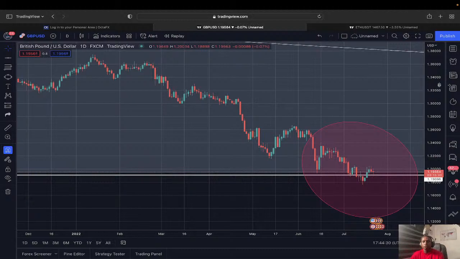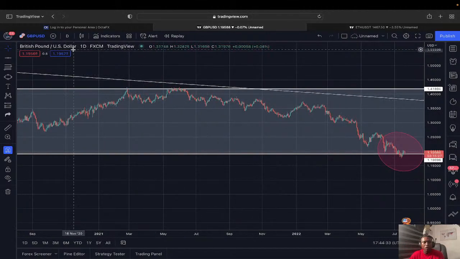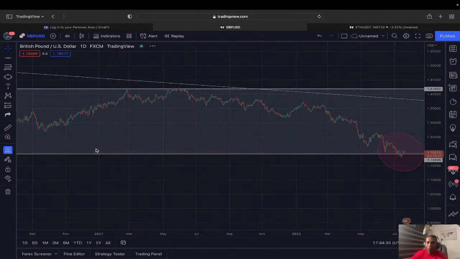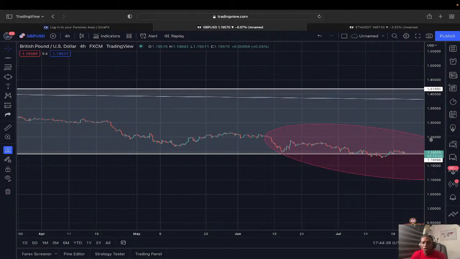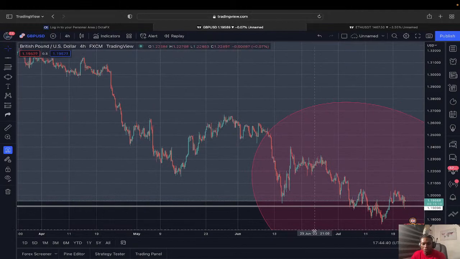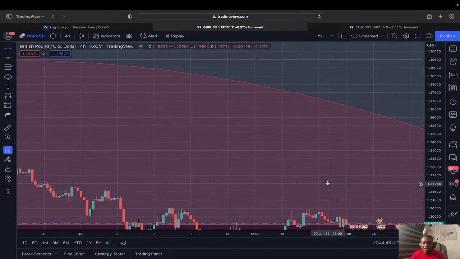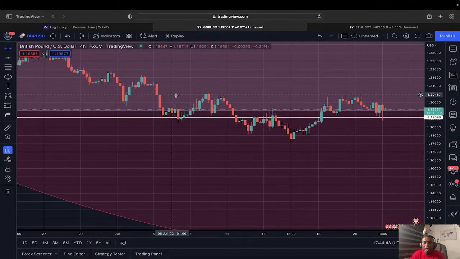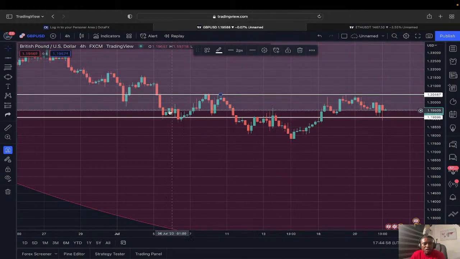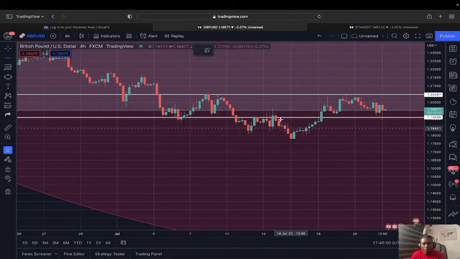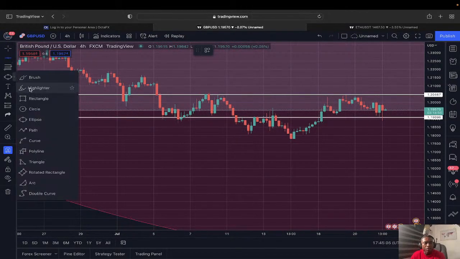Good. So let's go to the 4 hours time frame. What is in for us on the 4 hours time frame? On the 4 hours time frame now, we can see that price is still very much directionless at this level.